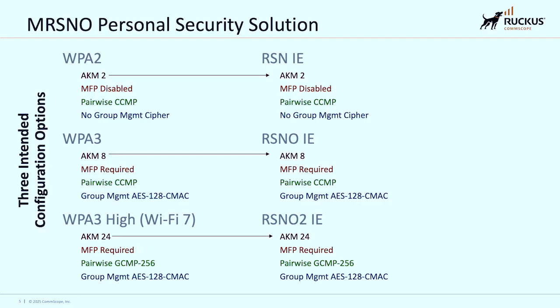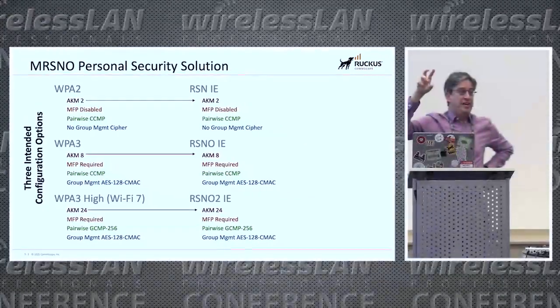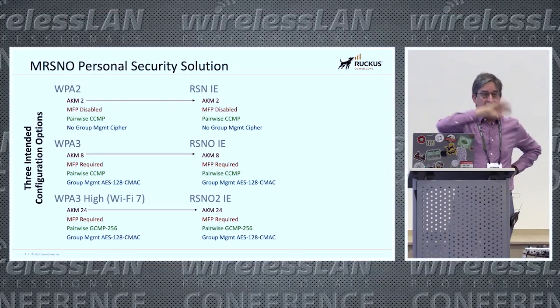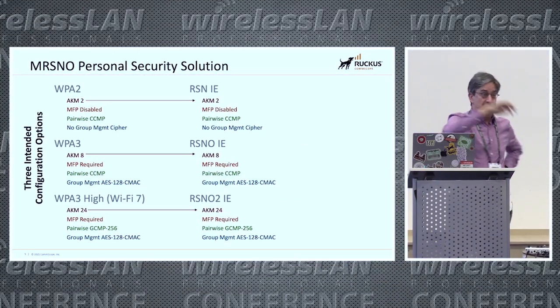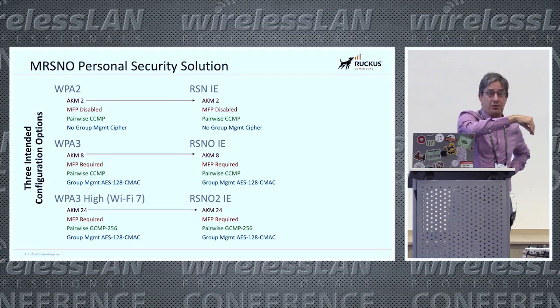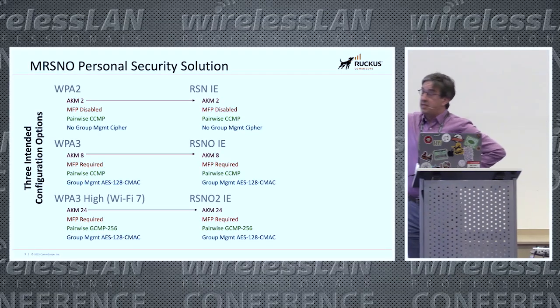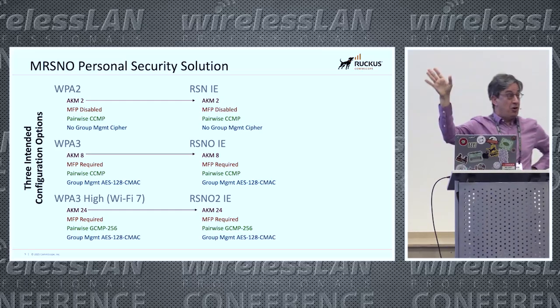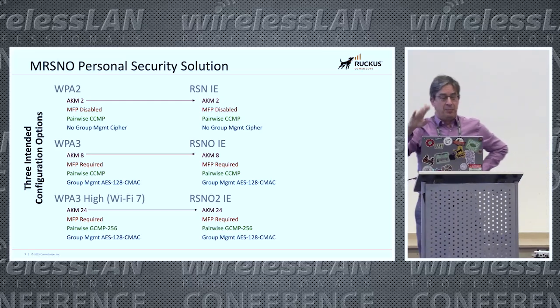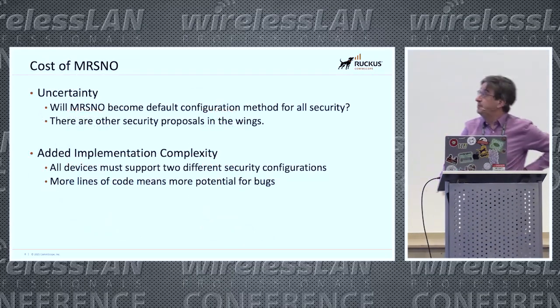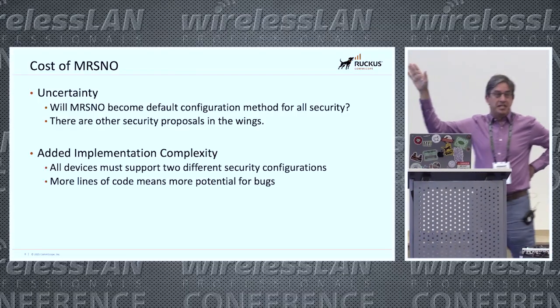But there are costs to doing this, right? There's not just the cost of having to get all of the client firmware updated so that the clients that currently use WPA3 will be able to use WPA3 with this. That's one cost, right? But there are some hidden costs with this as well. There's uncertainty, right?